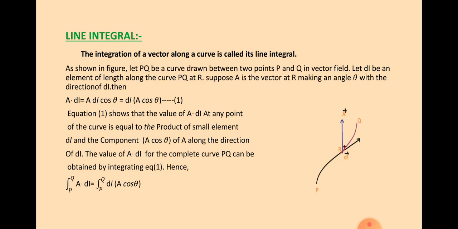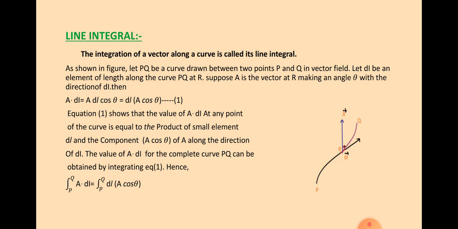Let dl be the small element of length along the curve PQ. Suppose A is a vector, because it has direction as well as magnitude, making an angle theta with the direction of dl. Then A dot dl equals A dl cos theta, equals dl A cos theta.